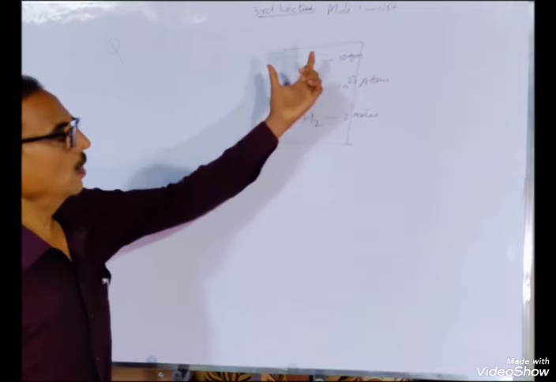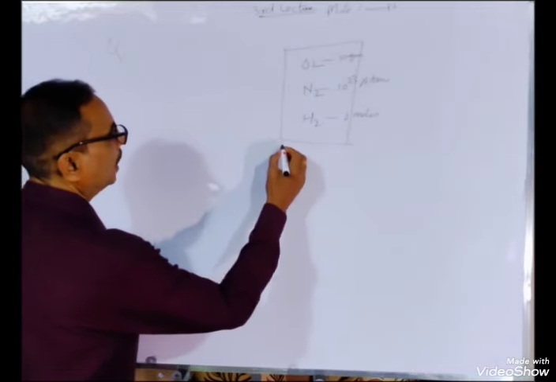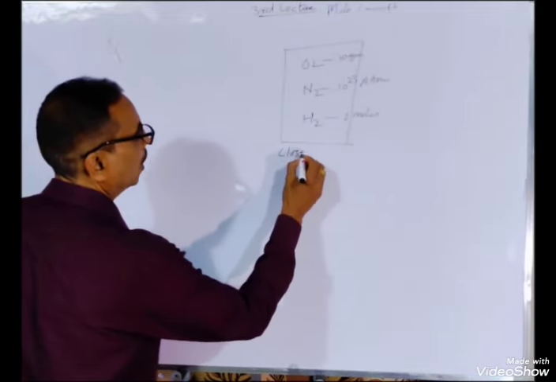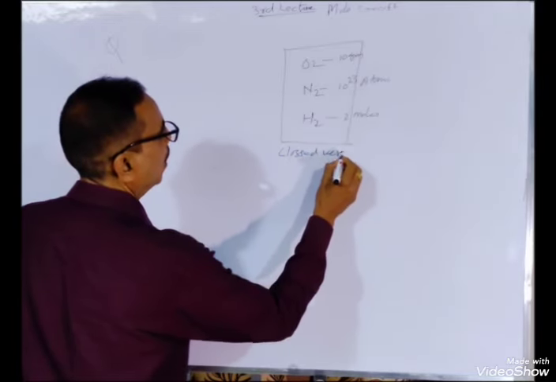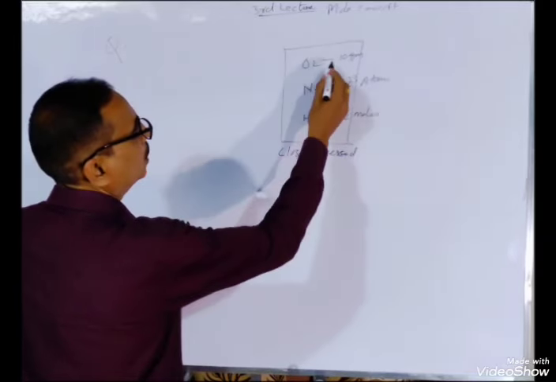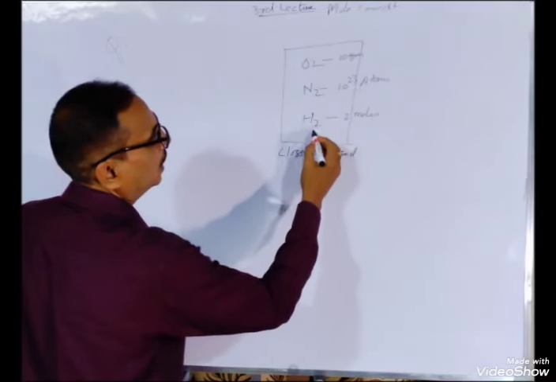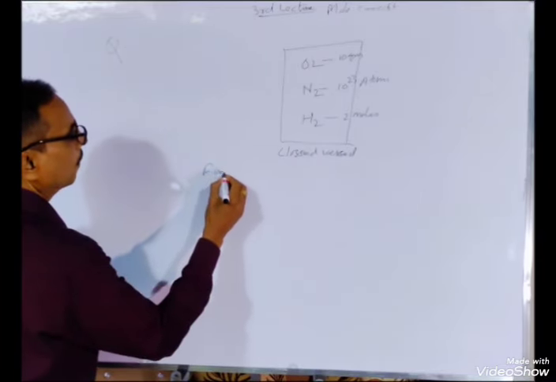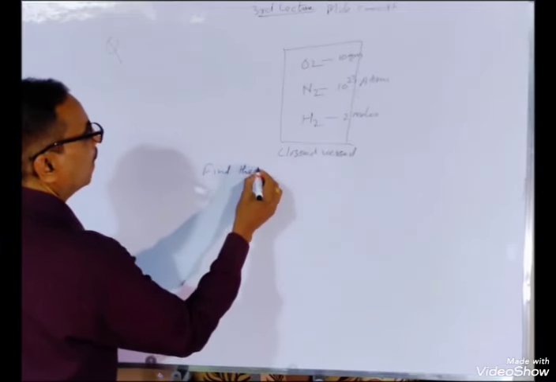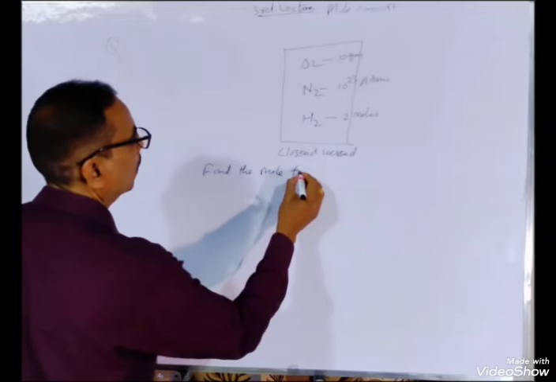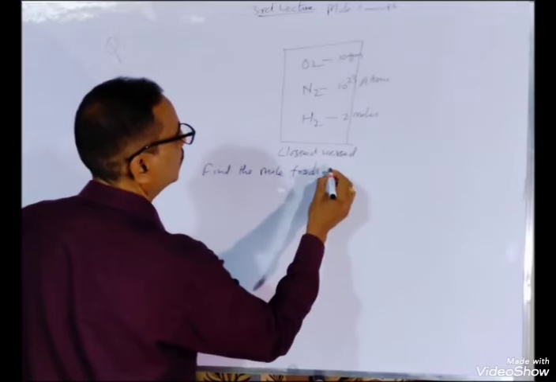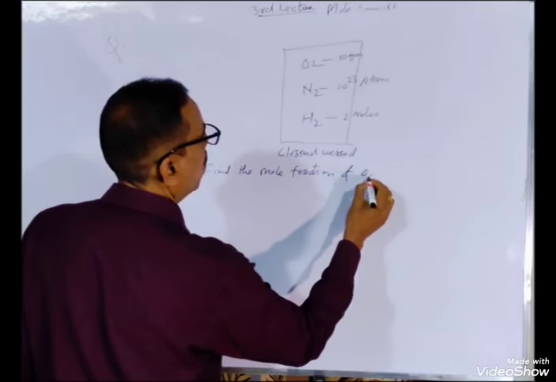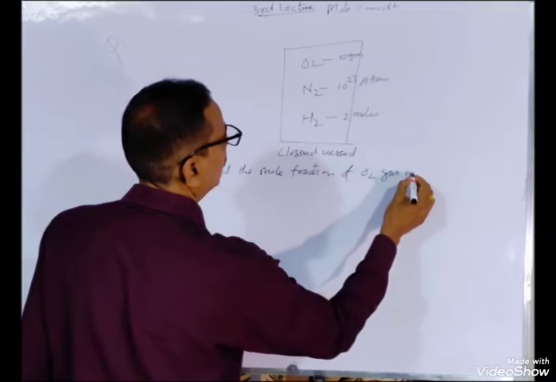This is a closed vessel having oxygen 10 gram, nitrogen 10^23 atoms and hydrogen 2 moles. Find the mole fraction of oxygen gas in the mixture.